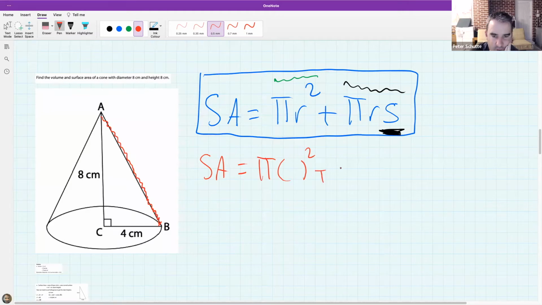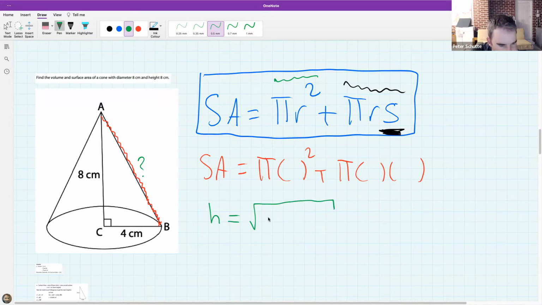I like to leave a space for things that I have to fill in. I know that's what I have to fill in. The problem is I don't have this thing, and it feels like I need it. What does Pythagoras say?